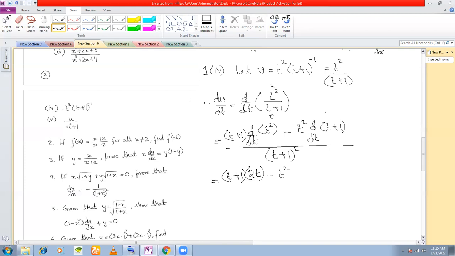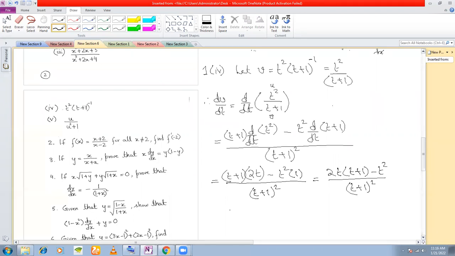Because this is of the form ax plus b, and differentiation of ax plus b was equal to a. So the coefficient of t here is 1, and the differentiation of this will simply be 1, divided by t plus 1 square. So you get here 2t into t plus 1 minus t square divided by t plus 1 square.